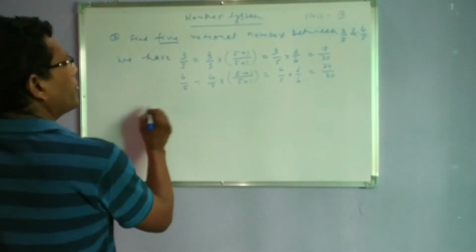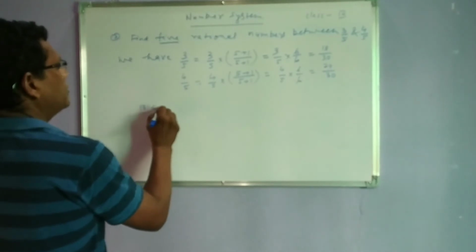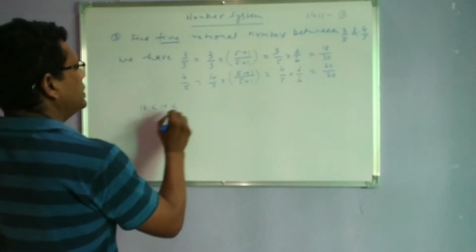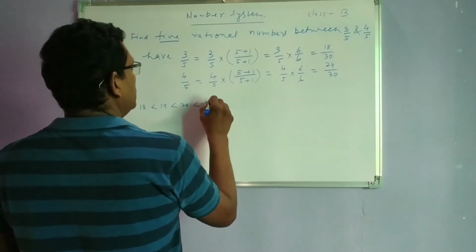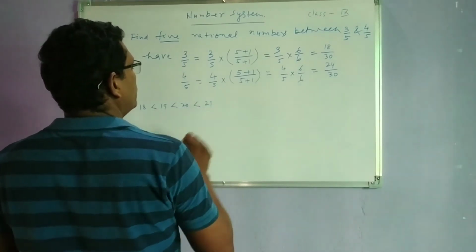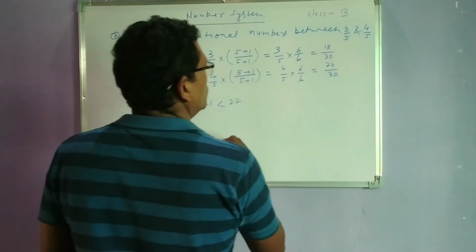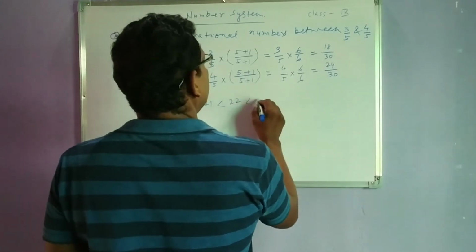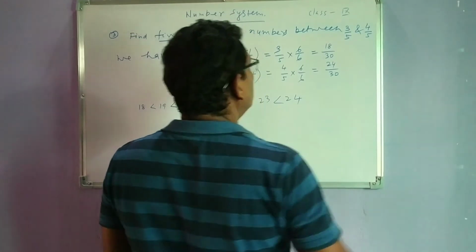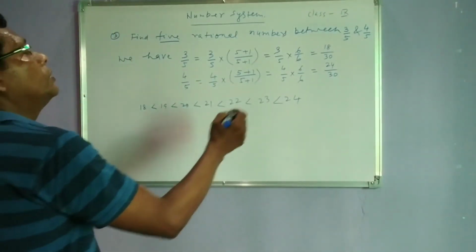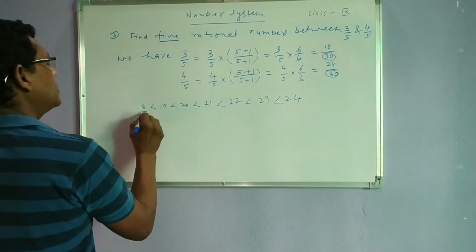Now 18 is less than 19, 19 is less than 20, 20 is less than 21, 21 is less than 22, 22 is less than 23, 23 is less than 24. In the denominator we are having 30, so divide it by 30.